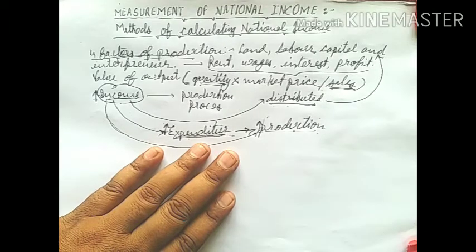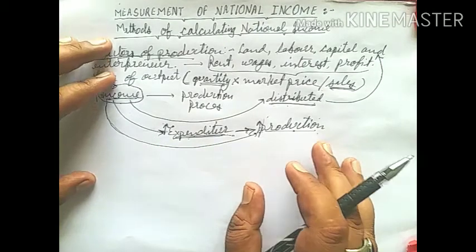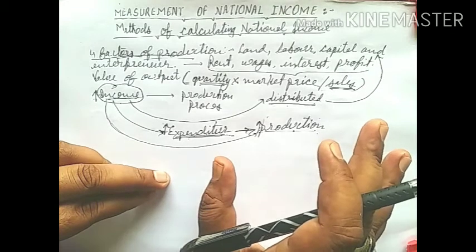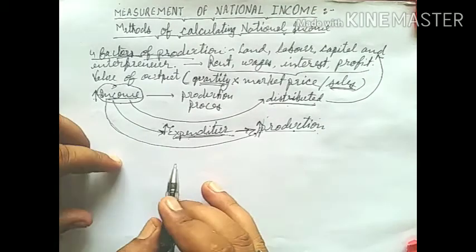Therefore, there are three phases in the circular flow of income.